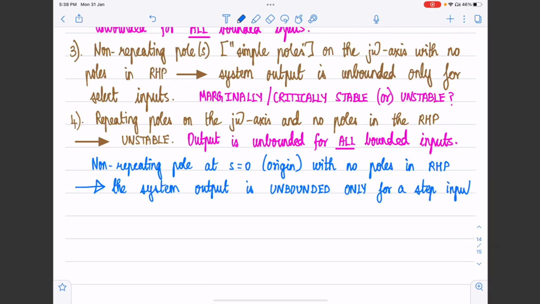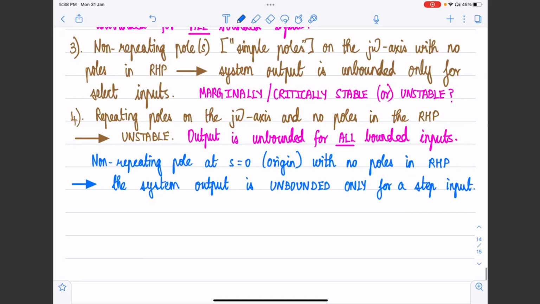We saw that when we have non-repeating poles on the j omega axis, the system output is unbounded only for selected inputs. It so turns out that when we have a non-repeating pole at the origin, s equals 0, the system output is unbounded only for a step input. We already saw that in the example.